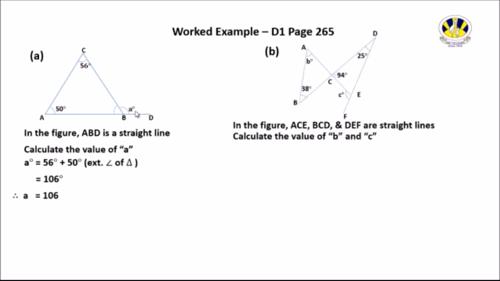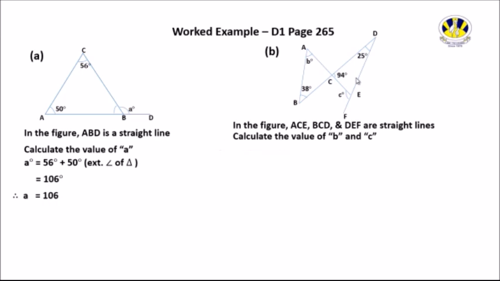In the figure, ACE, BCD and DEF are straight lines. Calculate the value of B and C. We can see two triangles, ABC and CDE. Just take a minute and see what we can find first, B or C. Yes, let's first focus on triangle ABC.